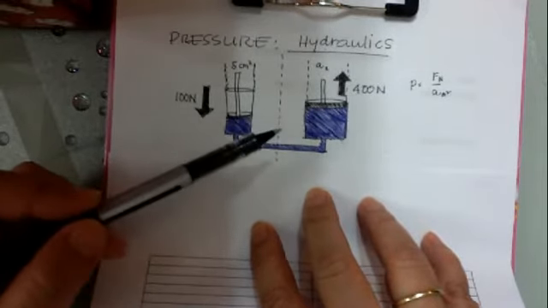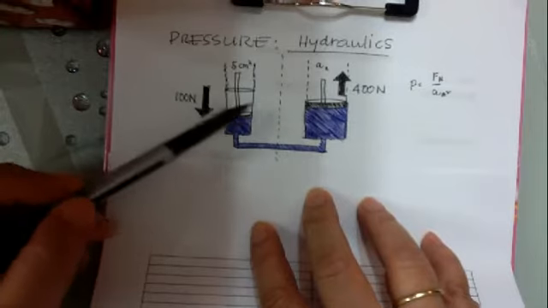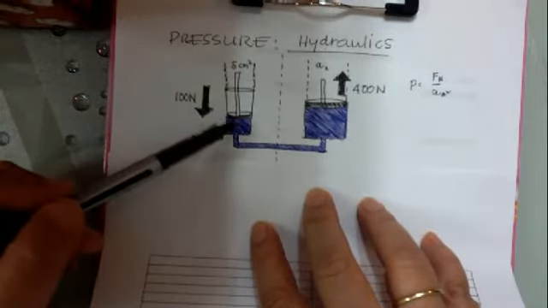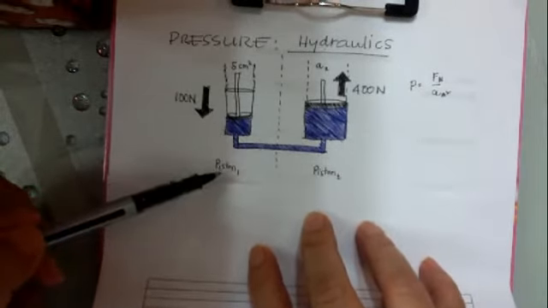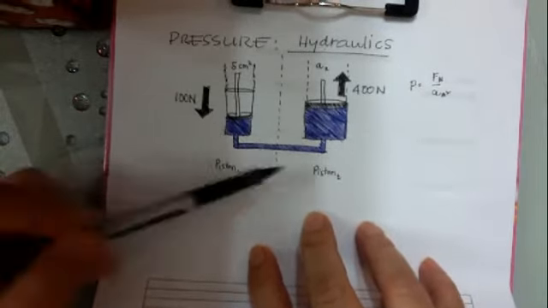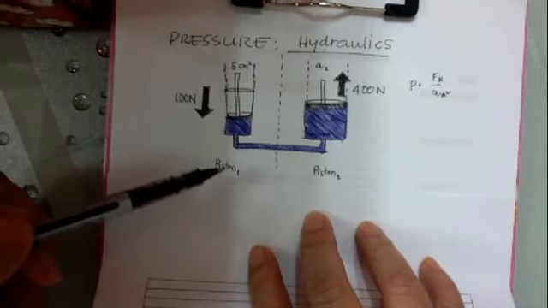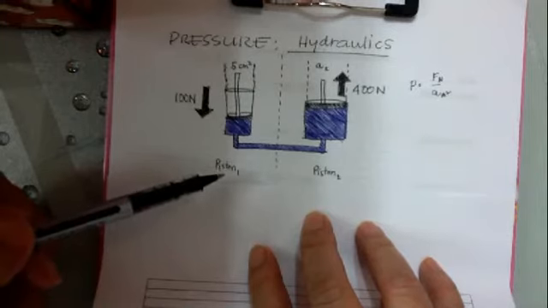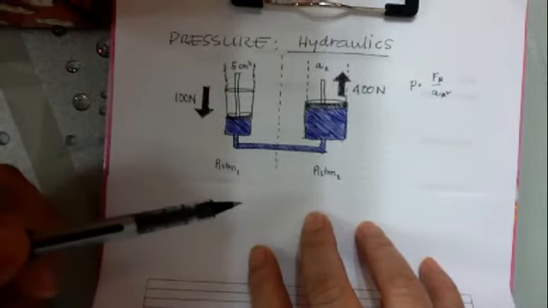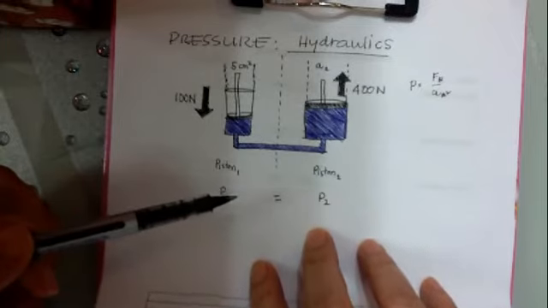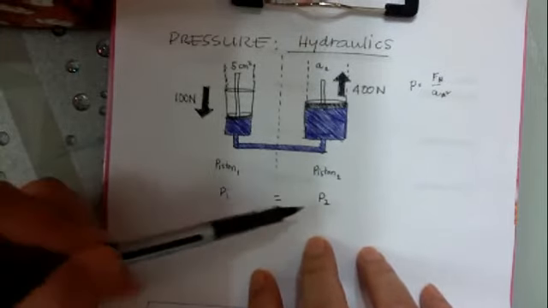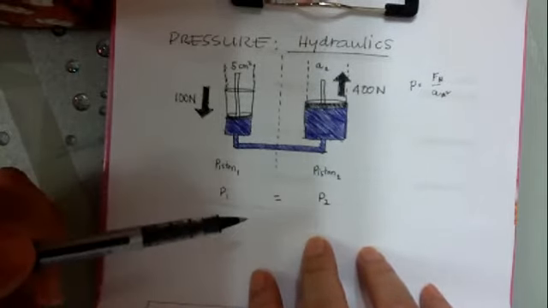A simple hydraulic system has two pistons, so I'll label this as piston 1 and piston 2. So P1 is equal to P2.